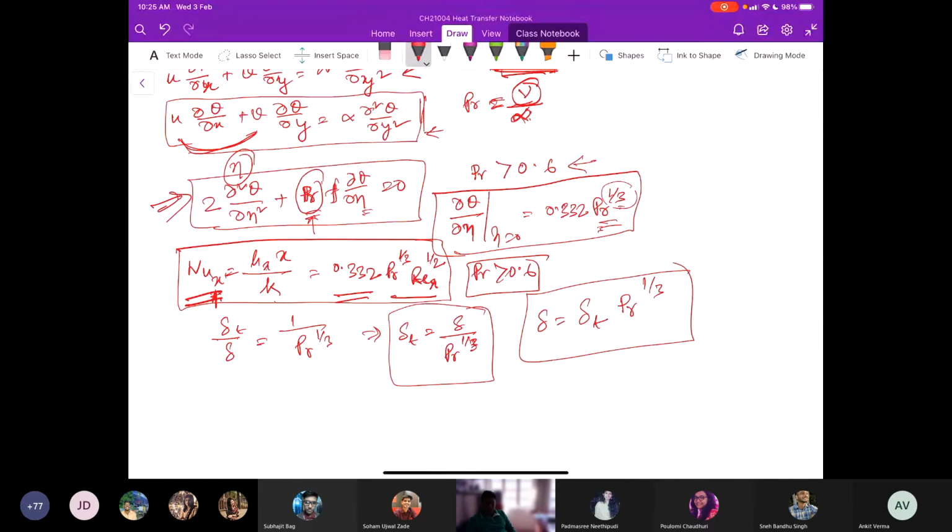Now, quite naturally, if the Prandtl number is 1, the thicknesses of the hydrodynamic boundary layer and the thermal boundary layer are identical. If it is not 1, depending on the value of the Prandtl number, you can tell which boundary layer would be thicker when there is flow over an isothermal flat plate. Fine. Any question?